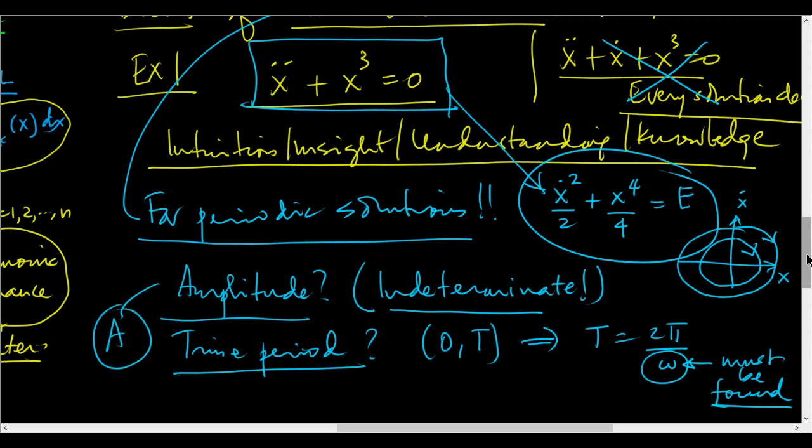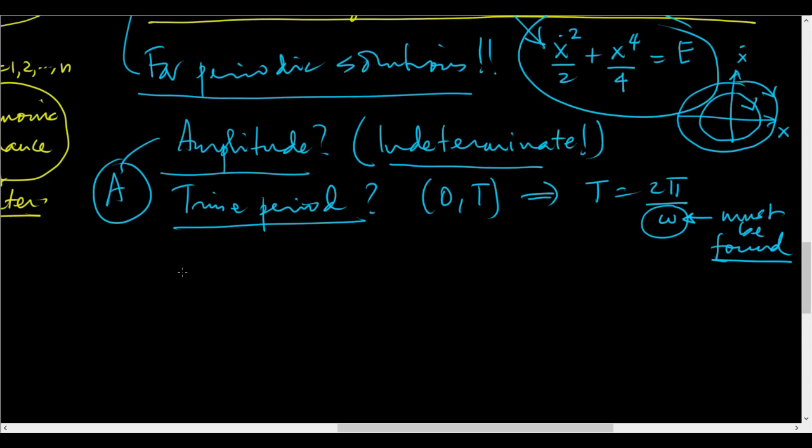Okay, so here's what we do. We say it's a periodic solution. I can expand it in a Fourier series. So when I expand some periodic function in a Fourier series, that's the basis, right?